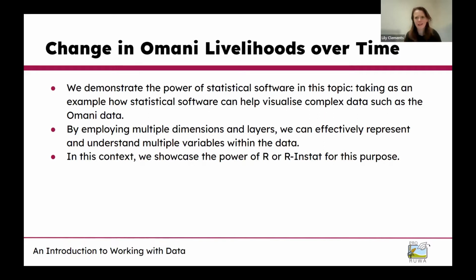There's a great package called ggplot2 that helps you visualize so much with your data so powerfully. As always, there are resources at the end of this topic that go through how to visualize and create these sorts of plots with R and RInStat. And if you don't want to use these two software, there are plenty of tools online for the software of your choice.